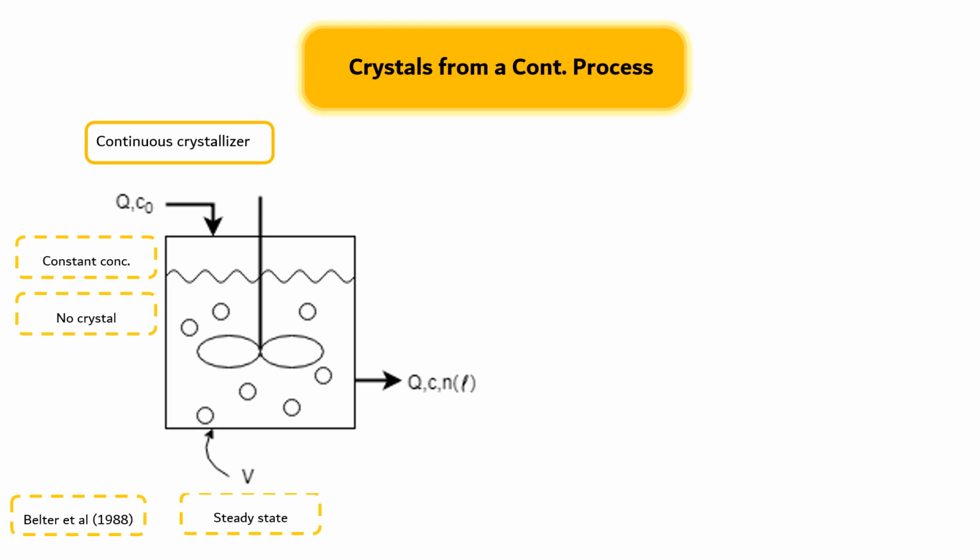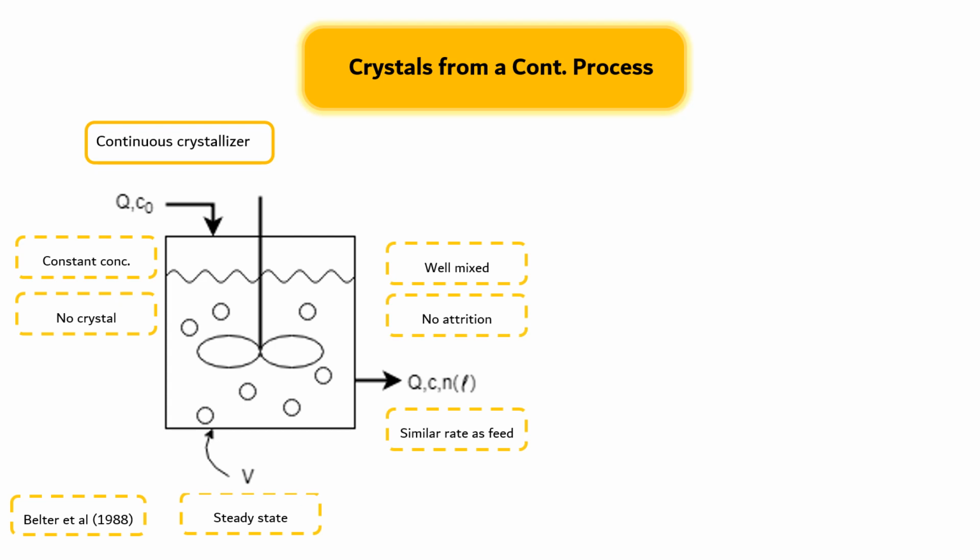The product stream is removed continuously at the same rate as the feed. The crystal size distribution within the vessel is identical to that in the product slurry or magma because the unit is well mixed. It is assumed that no alteration of the crystals occurs.